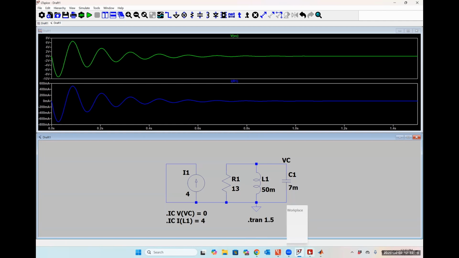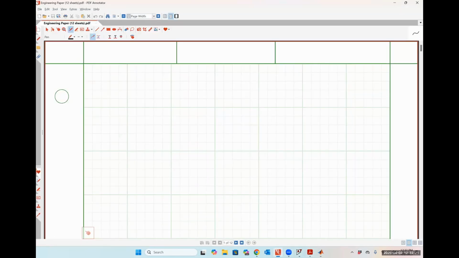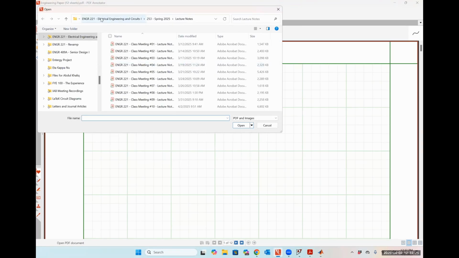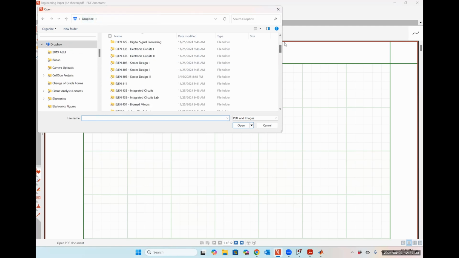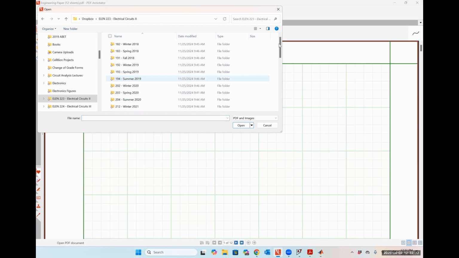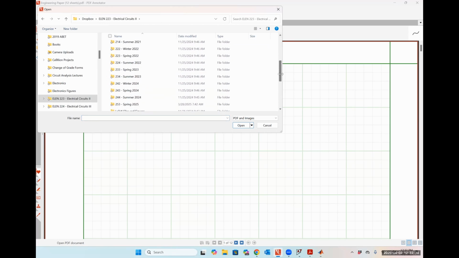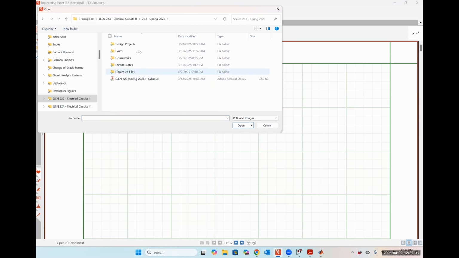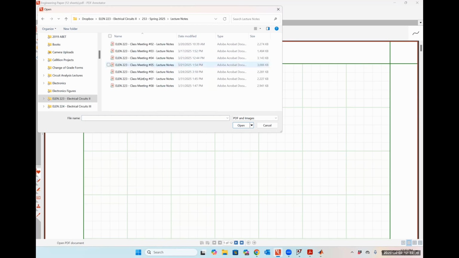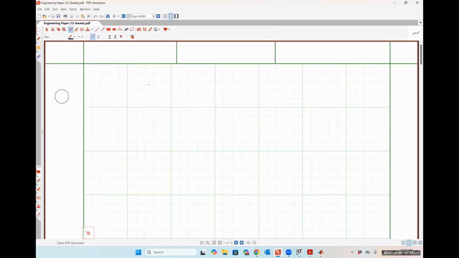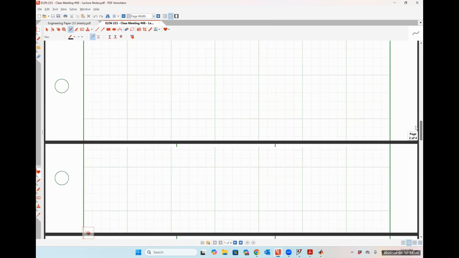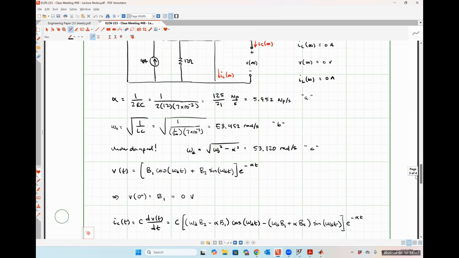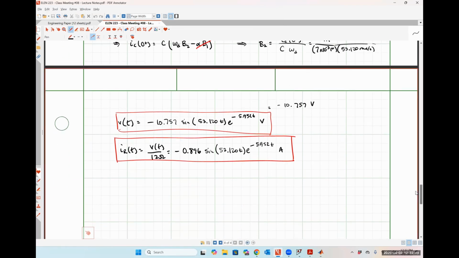If I look at our notes from that particular class, let me open those up real quick. If I scroll to the end, we'll have our mathematical representation of what we expect those signals to be.